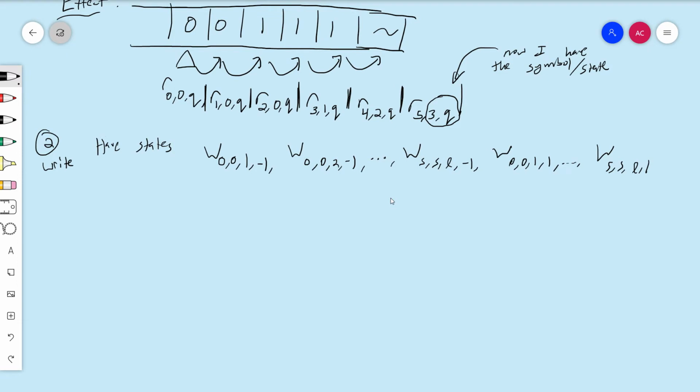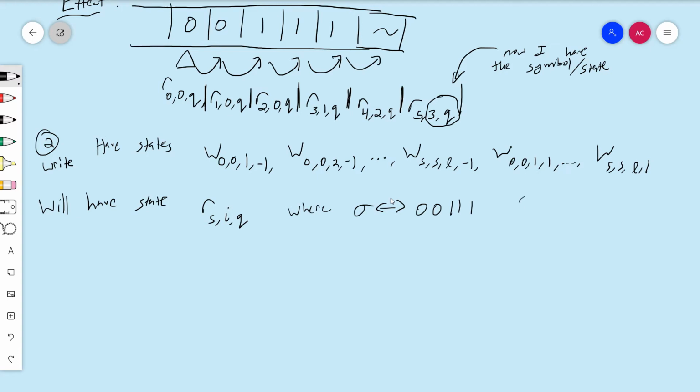So by the time we've gotten to this, in general, this will be some number I. So we'll have state R sub S I Q, where sigma corresponds to 0, 0, 1, 1, 1.